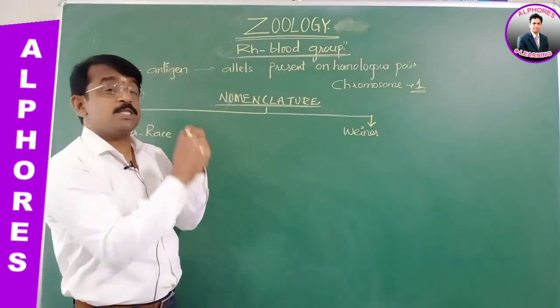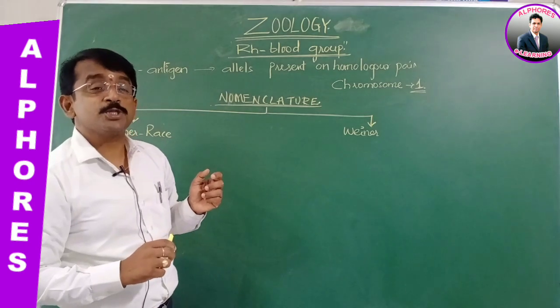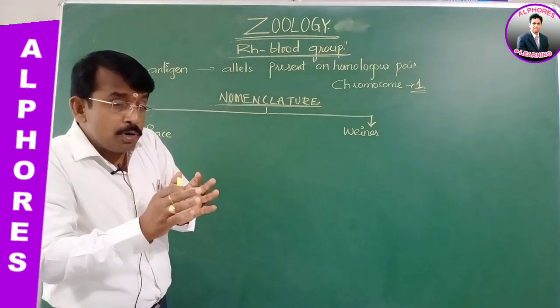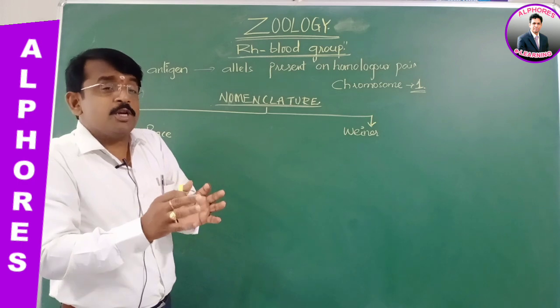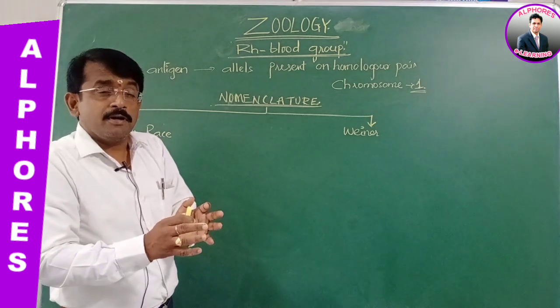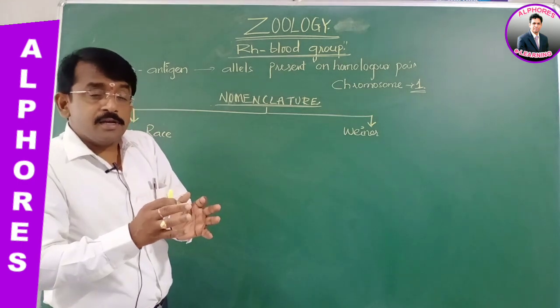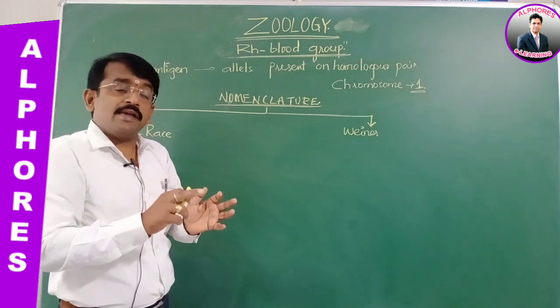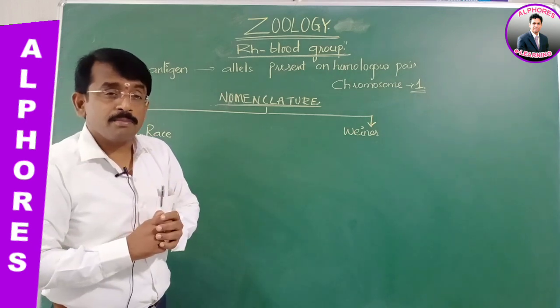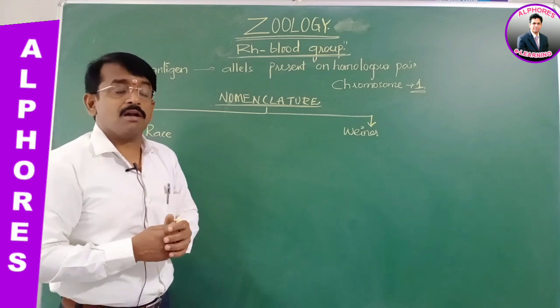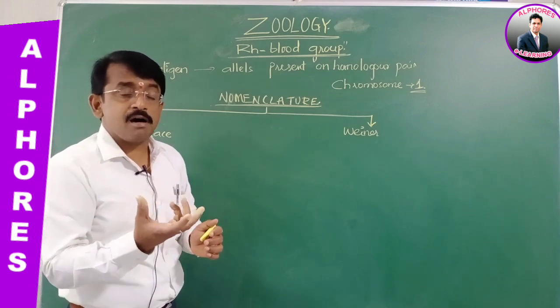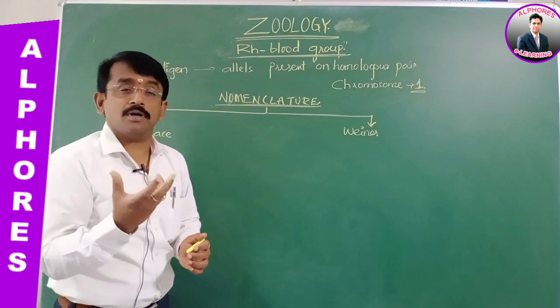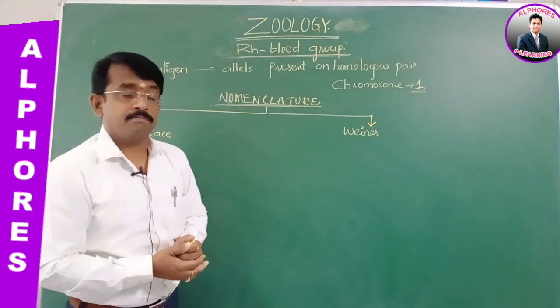What we have discussed in the case of the ABO blood grouping system: in the ABO blood grouping system, the genes responsible for antigen A and antigen B are none other than the alleles IA and IB, and the ones that do not have antigen are with the allele IO or recessive i.